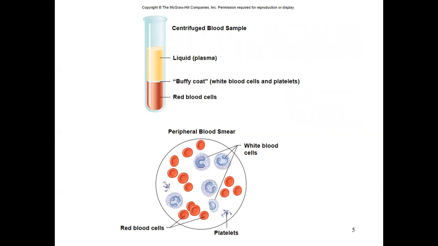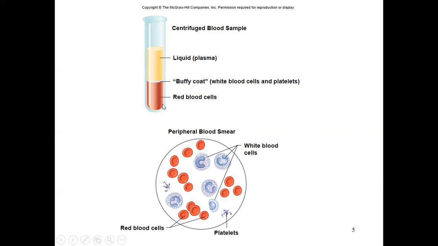Once it's done, what you'll see is you have this liquid portion at the top because it is the lightest. Then you have this white portion that they call the buffy coat. The white portion has your white blood cells and your platelets, and it sits just underneath the liquid portion because it is heavier than the liquid, but it's lighter than the next part, the red blood cells.